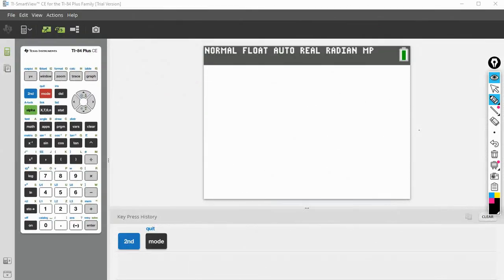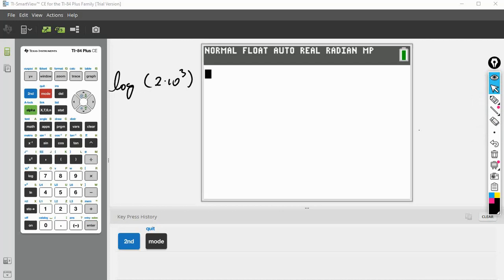So here we are with a calculator. And remember that we want to solve log base 10 of 2 times 10 to the 3. Now recall that I said that because this logarithm is so common, we don't actually write the base 10. So let's eliminate that. But we know that this is base 10. Now in the calculator, you are going to find a button that says log, and it's right here next to number 7.